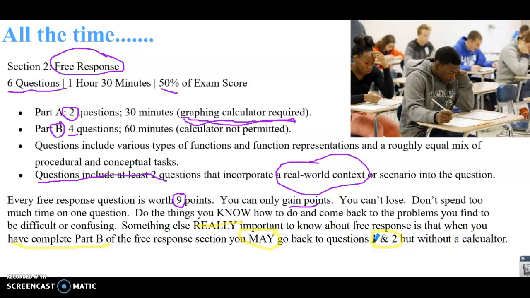I think I misspelled calculator, now that I'm looking at that word. Anyway, that's not the focus. You may go back to questions 1 and 2 with the time remaining if you need to, or want to check them or look at them. So that's really important to know about the test.